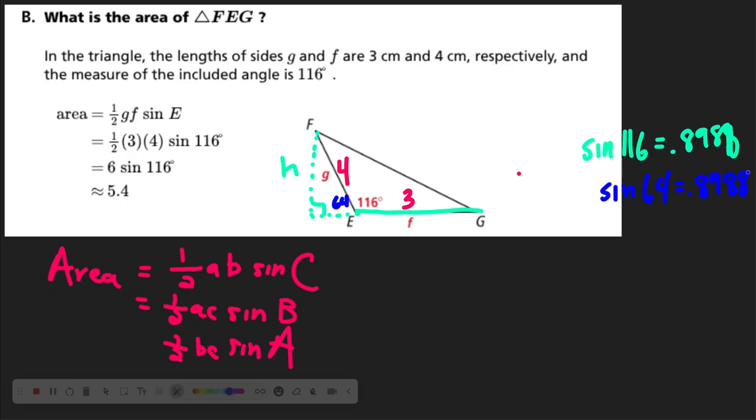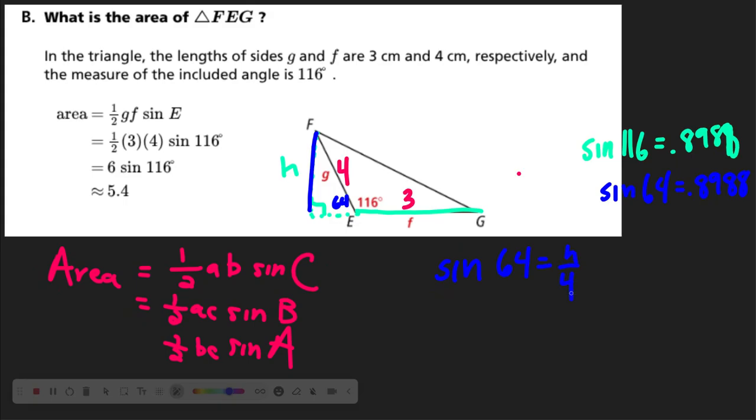So, if we know that according to the 64, what's the H? Is it opposite, adjacent, or hypotenuse? Opposite. And what's the 4? Hypotenuse. So that's sine. Sine of 64, which is the same thing as sine of 116, is H over 4.